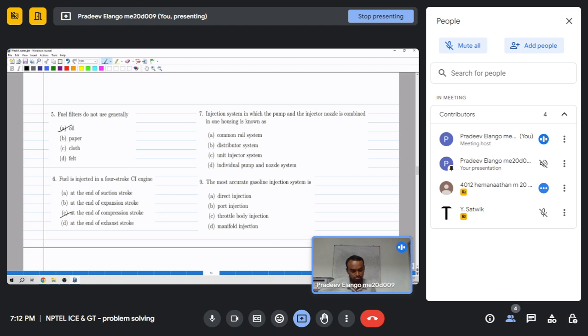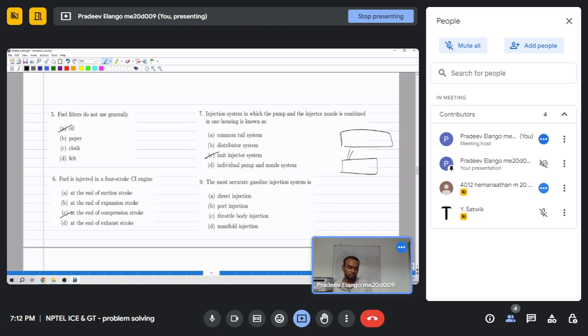The injection system in which the pump and injector nozzle are combined in one housing is known as the unit injection system. In a distributor system, there will be one pump which distributes the fuel to the individual cylinders.